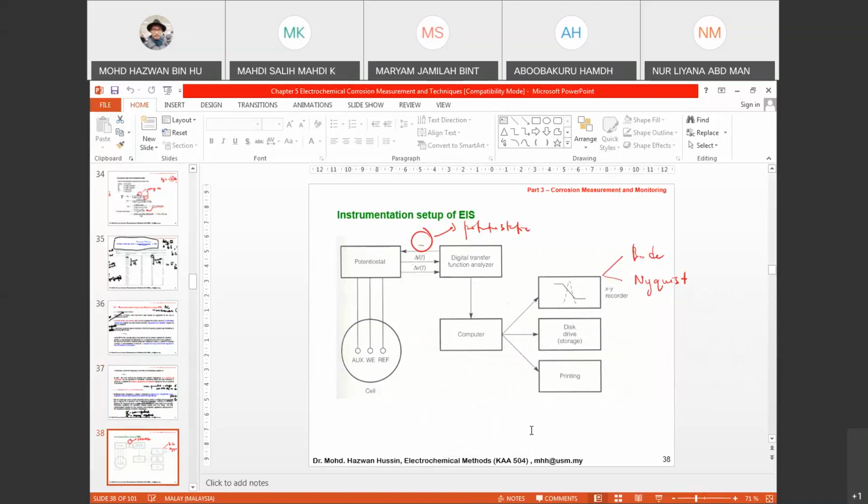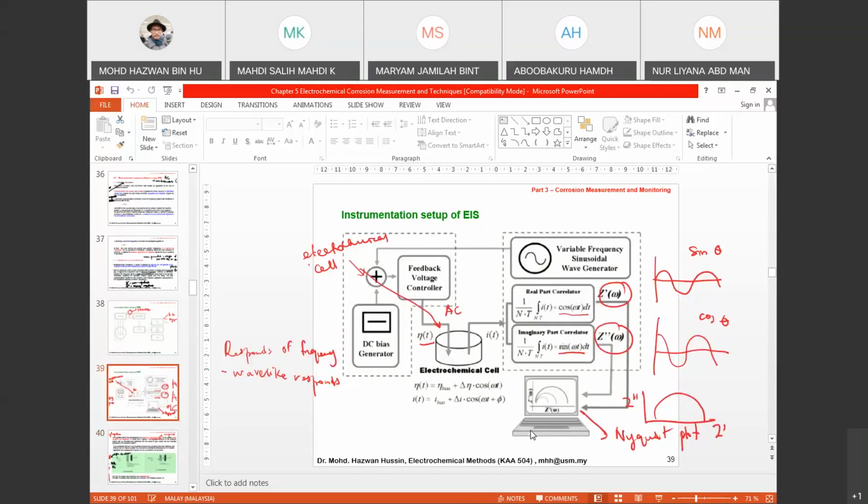The current values produced during the process will be recorded, since the response that you will get is in the form of a wave-like response to the excitation. So that is why you can get real impedance and also imaginary impedance based on the wave response.